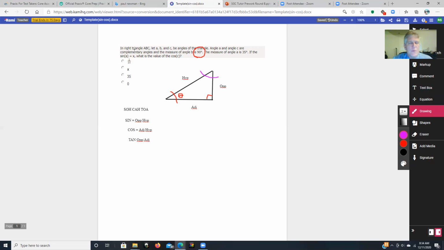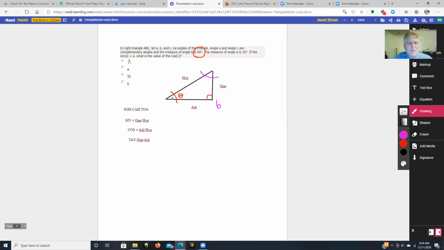In this problem, they say we have a right triangle, and it says, let A, B, and C be the angles of the triangle. A and C are complementary, and B is the 90-degree angle. So I am going to just put that in as B, that's the 90-degree angle.